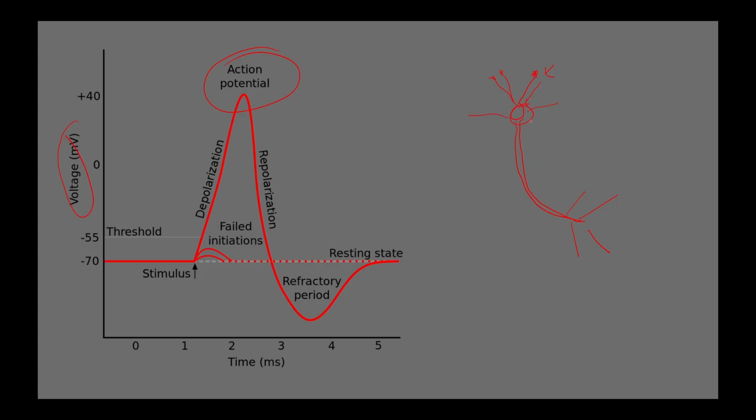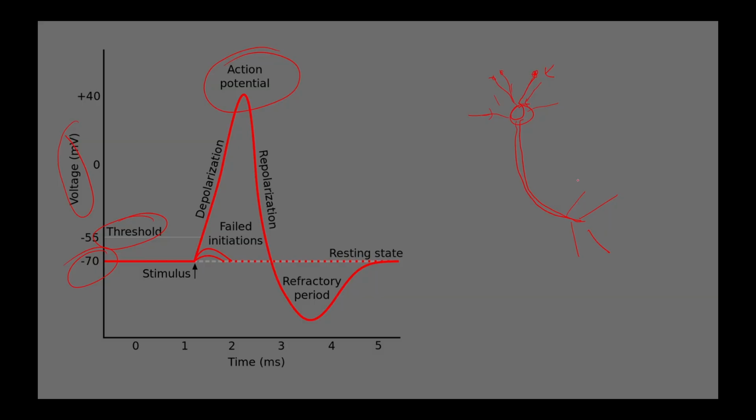Then this is the cell body of the neuron. After summation from all the dendrites, if it crosses the threshold, the neuron fires. In the rest period, when the neuron is not firing, the voltage at that time is minus 70 millivolts.